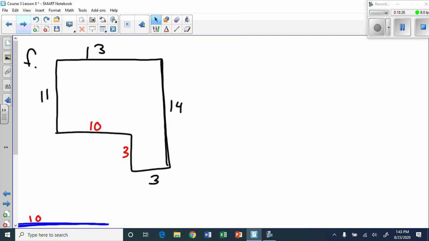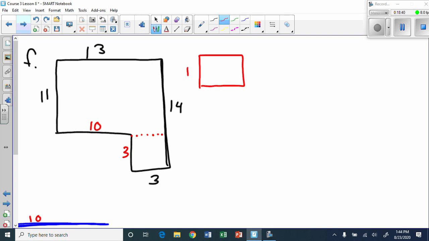Now what I want to see for your drawing for the area, you don't have to draw the original for this. What I want to see is that you have the 2 pieces to help you solve it. I'm going to solve it only once, and as I look at it, if I put my dot there, it's 11 by 13. That's this piece here, 11 by 13, and a 3 by 3.